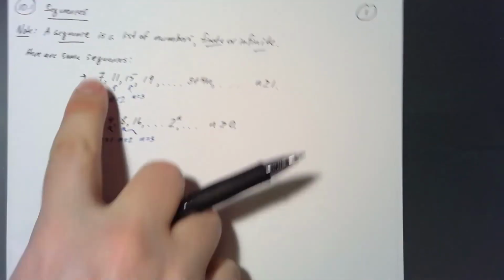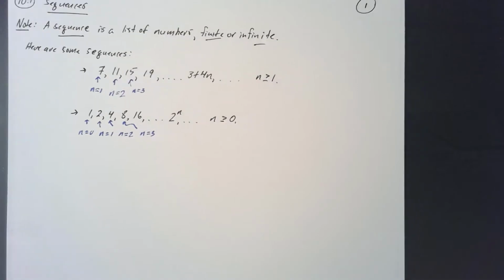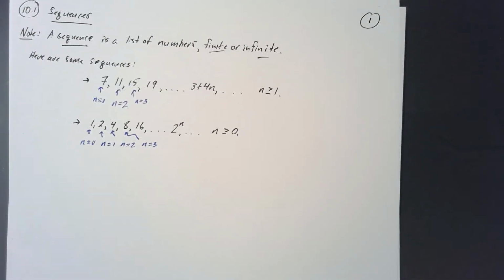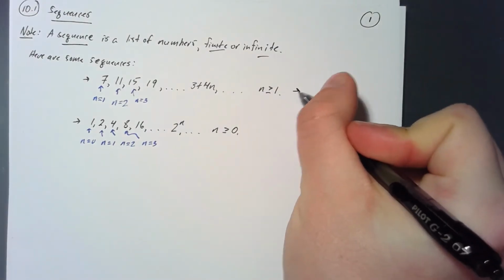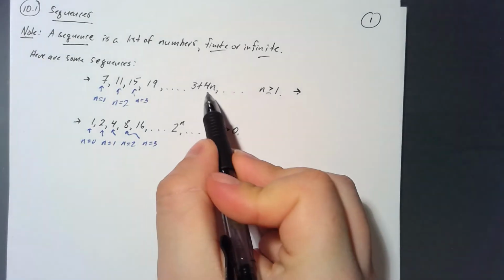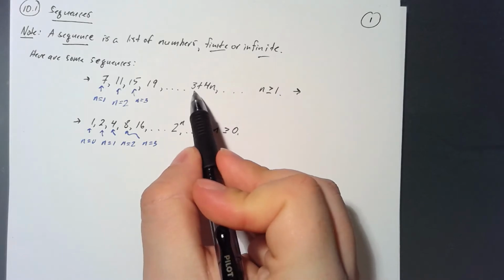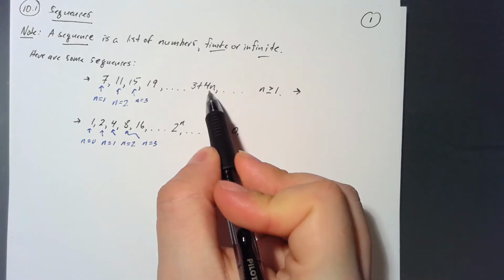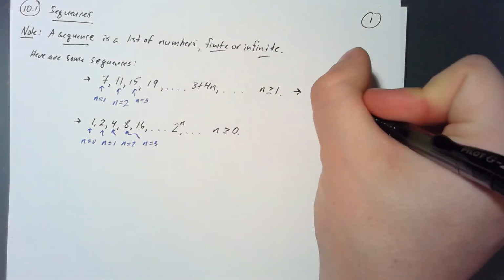Okay, these are some sequences, and you could take that as much as you want, but that's the basic idea. Now, I do want to classify these types of sequences. So this sequence right here, because I'm adding terms together, so I'm adding a number to another term, this sequence is called an arithmetic sequence.